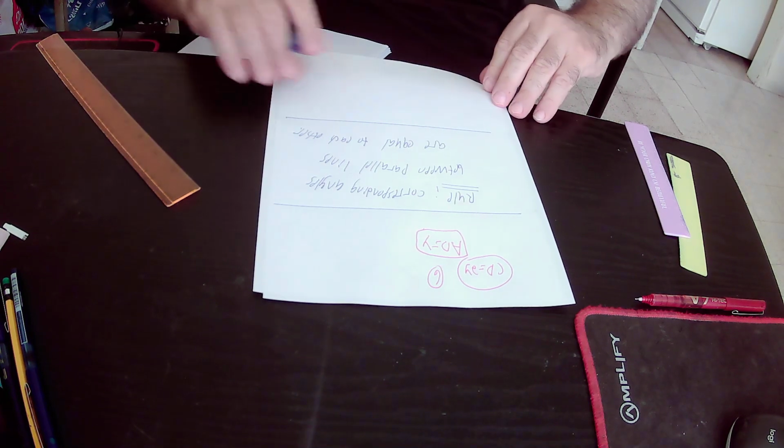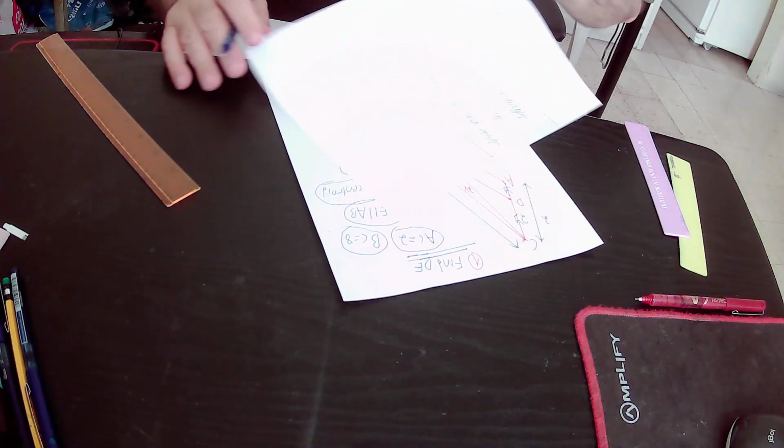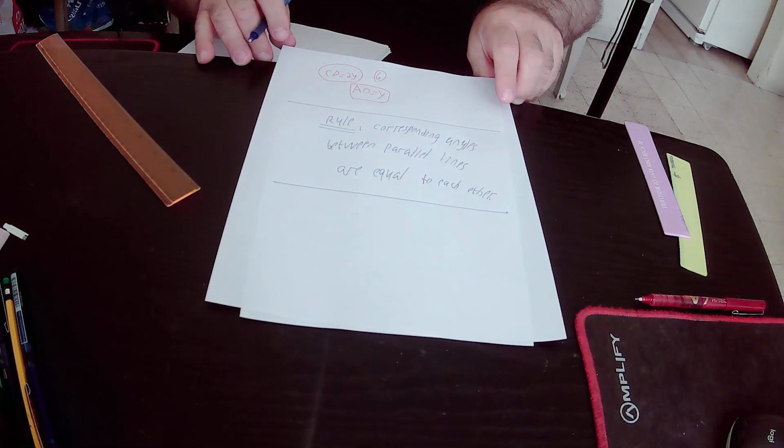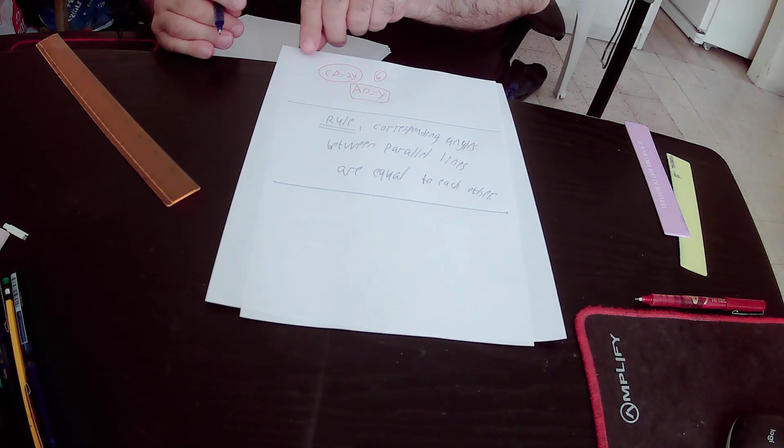So I will read the rule again. The rule states that corresponding angles between parallel lines are equal to each other.